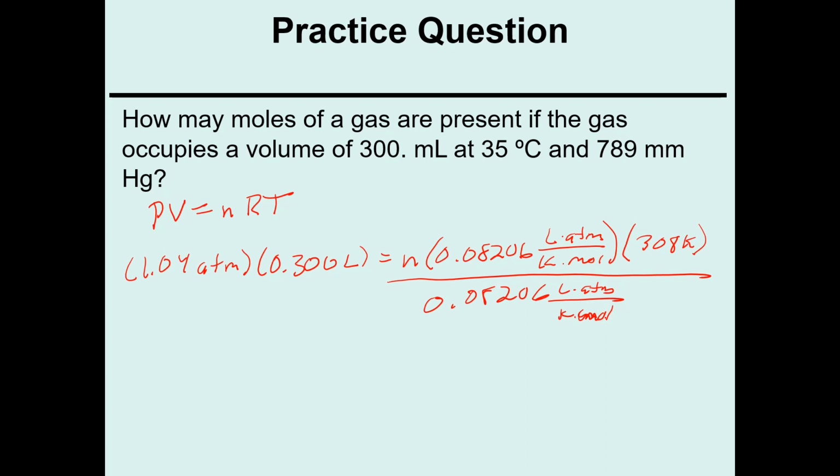Over Kelvin times mole. So that cancels out and we divide by the same thing on the other side.